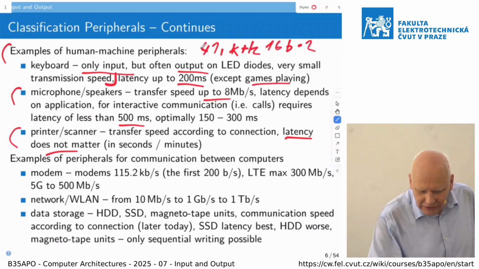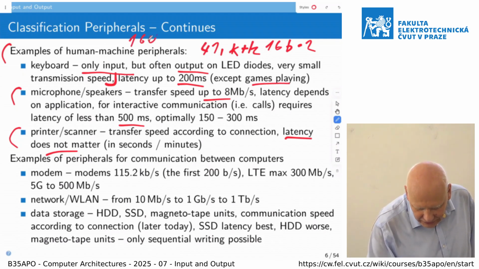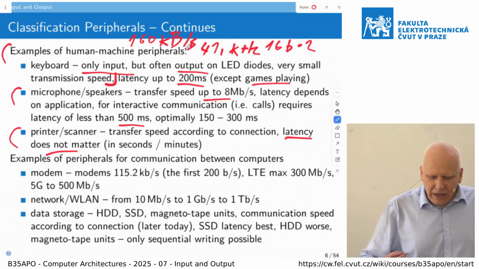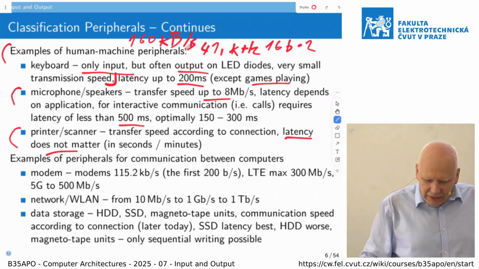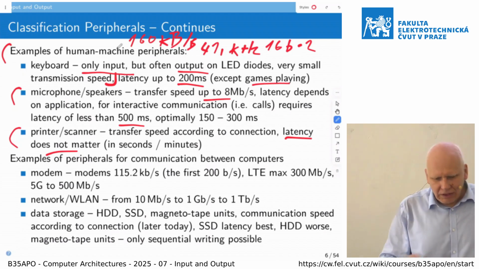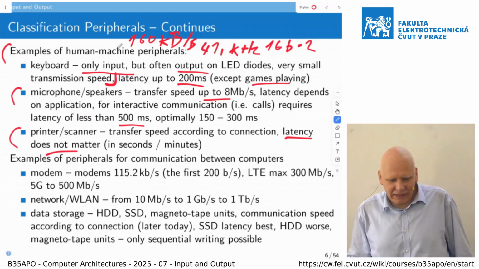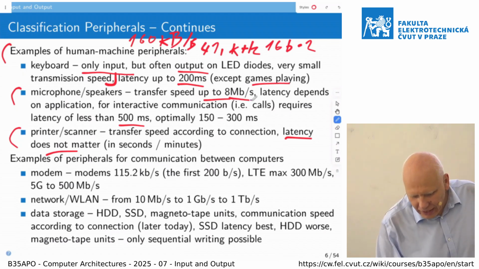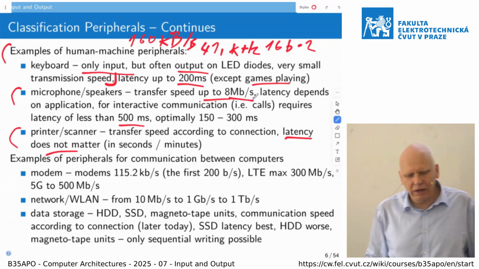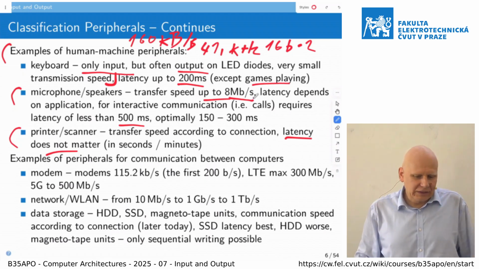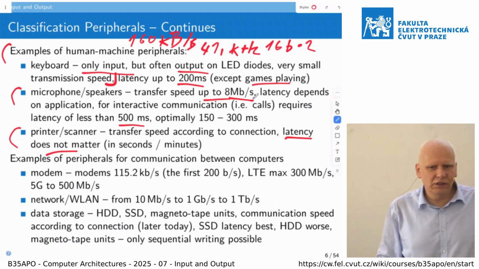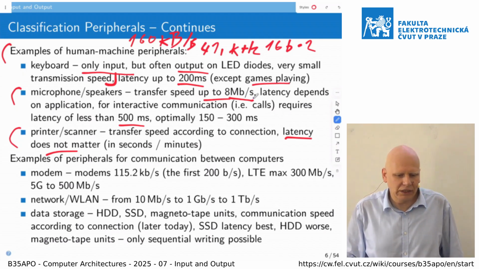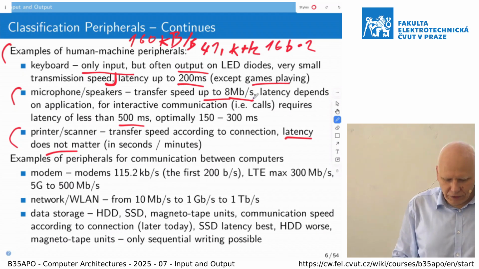Then you need something like 160 kilobytes per second, and if you multiply it by 8, then you get to something like some megabits per second. And if it should be high quality audio, then you need to go up with the bandwidth. High quality recorders typically work with 196 kilohertz for audio recording.